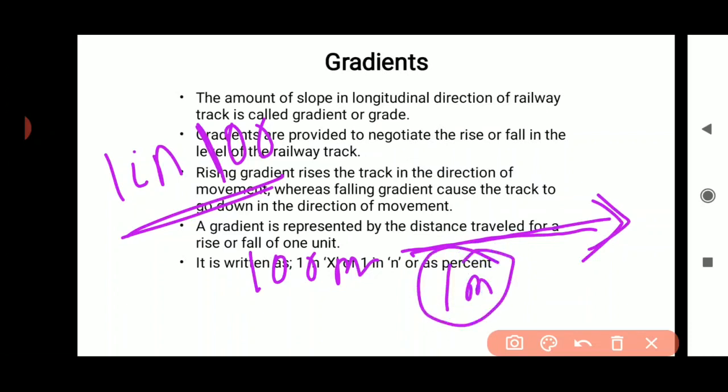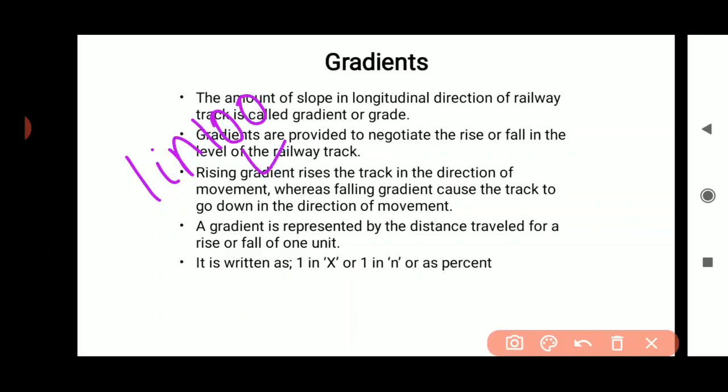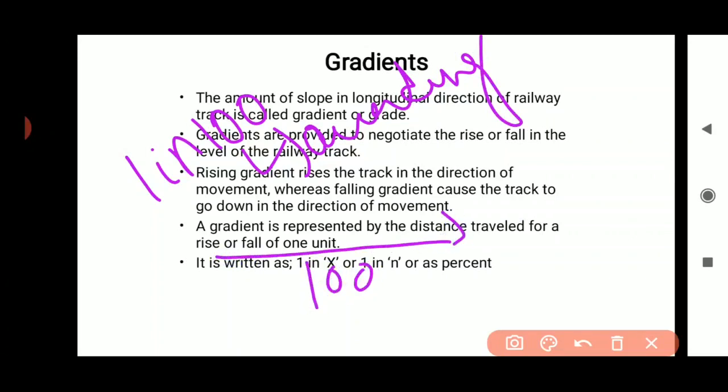If an ascending gradient of 1 in 100 is given, that means if we move 100 meters in the longitudinal direction, then there will be a rise of 1 unit.